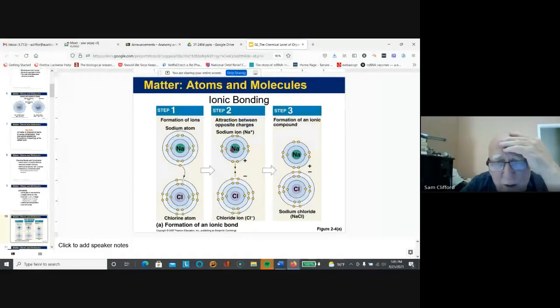So sodium gives up an electron when it reacts with chlorine. Chlorine goes from 17 to 18. Sodium becomes positively charged. Chlorine becomes negatively charged. And the positive sodium is attracted to the negative chloride. So that's a basic ionic bond. NaCl is, of course, salt.